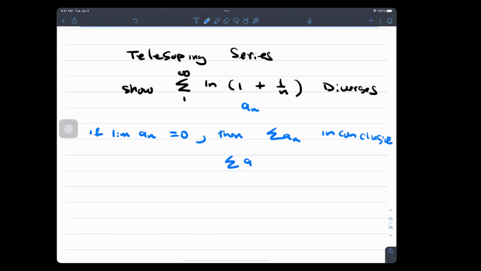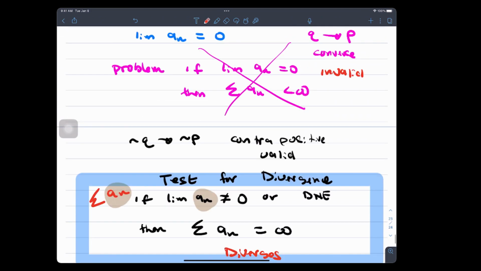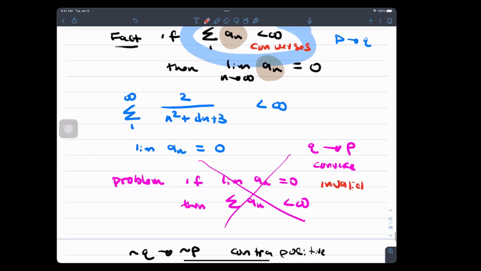The series can converge, or the series can diverge. Okay, this is an inconclusive situation.